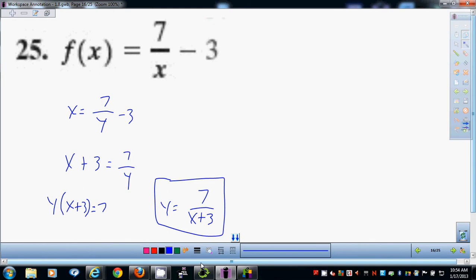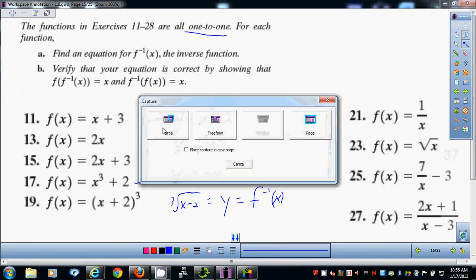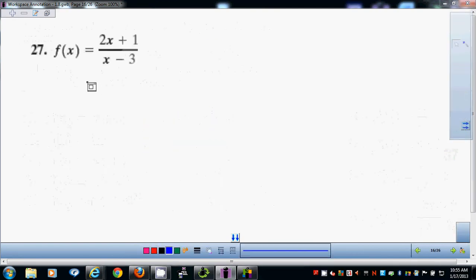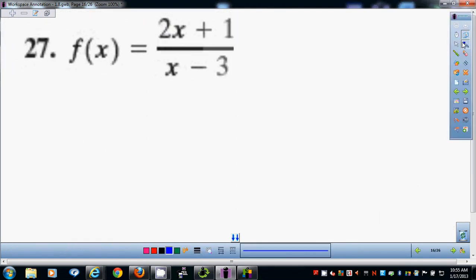27. This is where it gets fun. And every year, as I'm doing this one, I have a brain freeze halfway through, and it takes me a minute to remember how to do it. Hopefully that won't happen this year. Okay, so that's going to be x equals 2y plus 1 over y minus 3. Actually, yes.